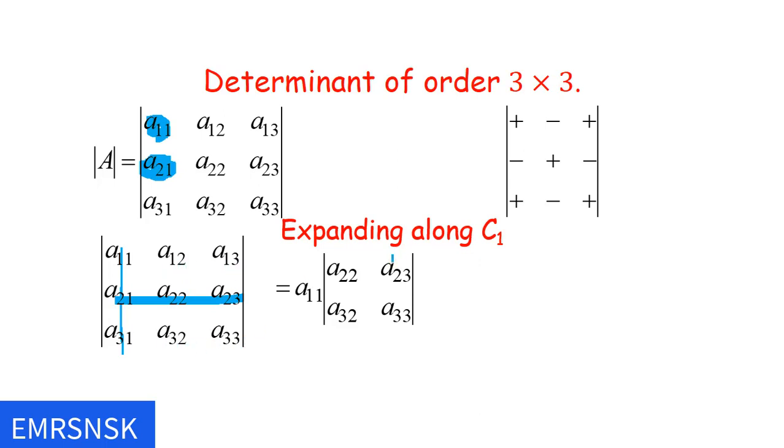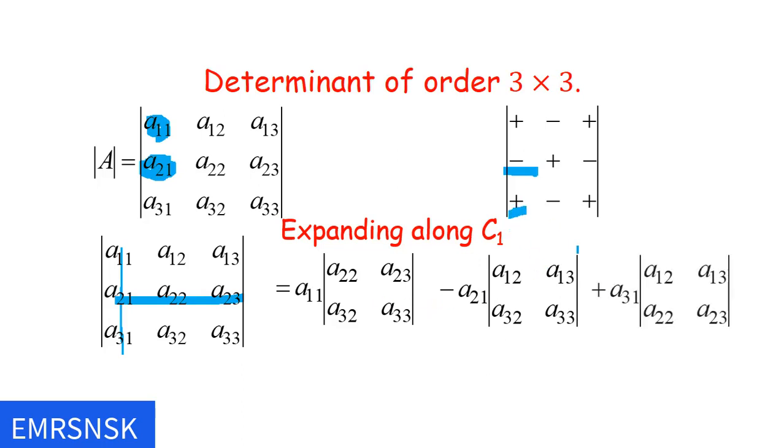So take the determinant, but the sign convention for the first column second element is minus, so this will be A21. Similarly for the third element, this is A31, with a plus sign, and remove third row and first column.